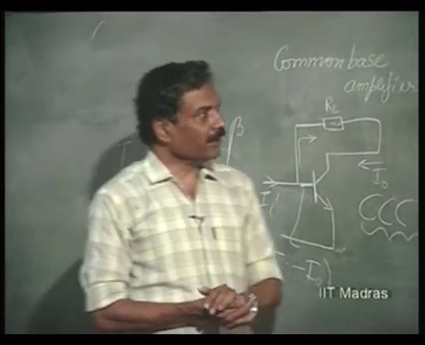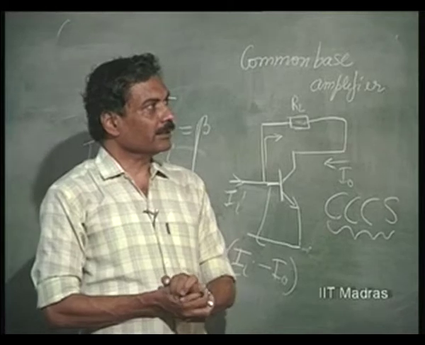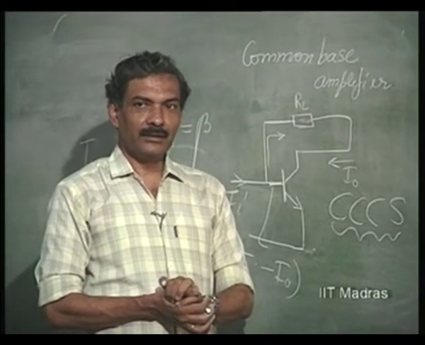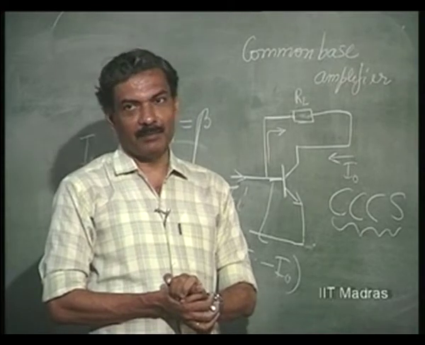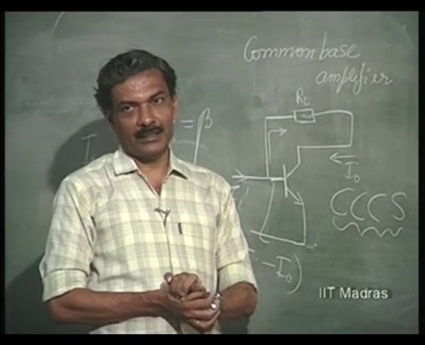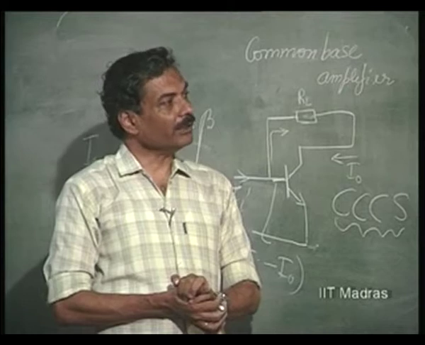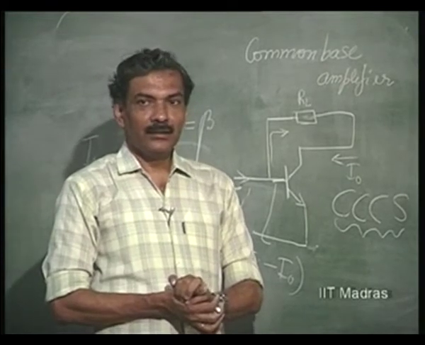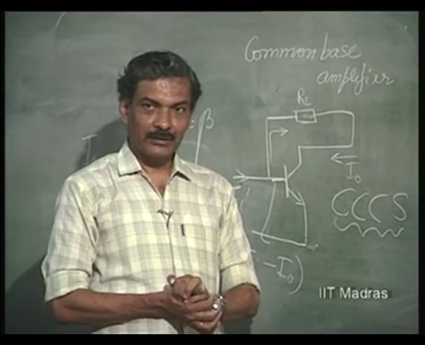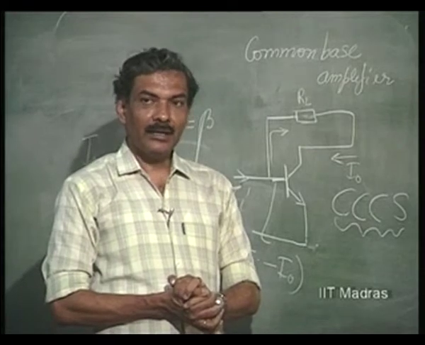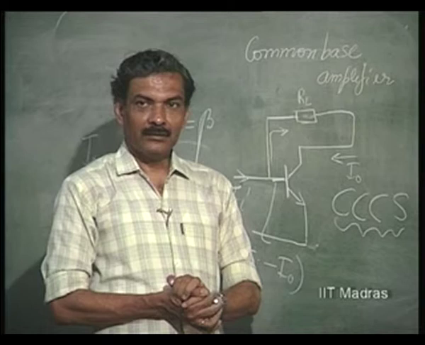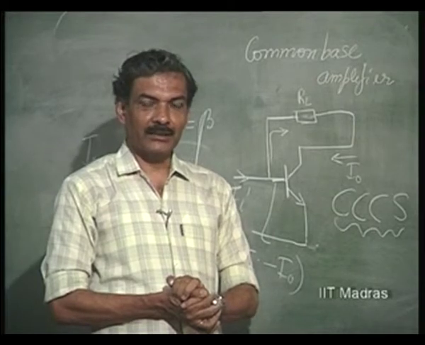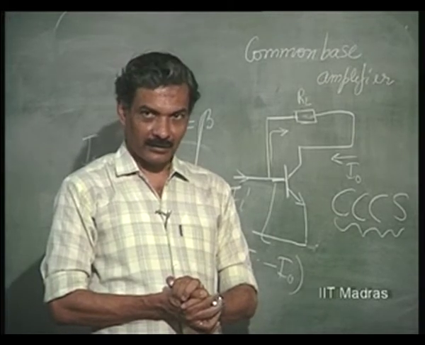So, we will consider double transistor stages or transistor pairs for negative feedback amplifiers in the next class. We will note that using feedback networks, it is not possible to get H and G negative feedback structures with single transistor.